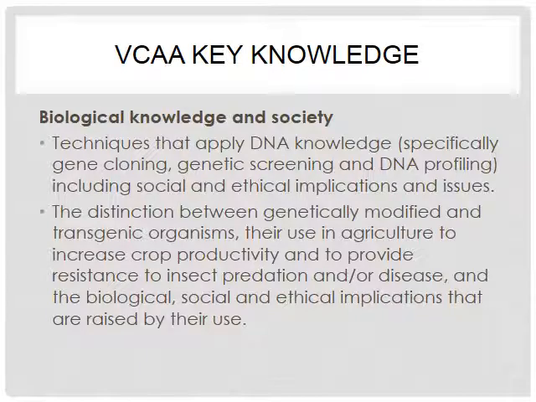We're also going to take a look at genetically modified organisms, transgenic organisms, because there is a slight difference between the two, and how we can use transgenic organisms and genetic modification in agriculture in particular to increase crop productivity by providing resistance to predation by insects, resistance to diseases, and we'll also look at some of the biological, social and ethical implications of those.